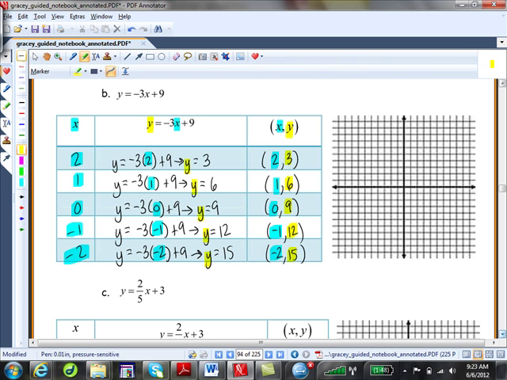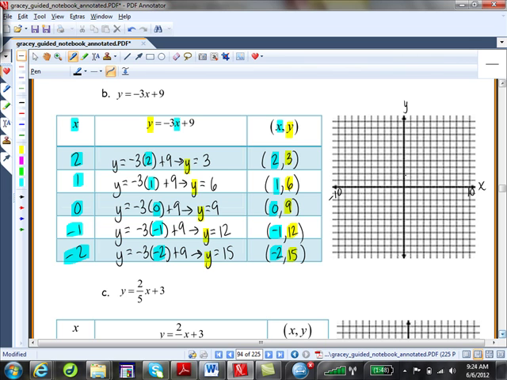This is why I was saying get your ordered pairs before you make your scale. For the x's, going from negative 10 to 10 will work just fine. But do you see the y's go all the way up to 15, right? So I'm thinking that maybe I ought to have the y's go by 2's.